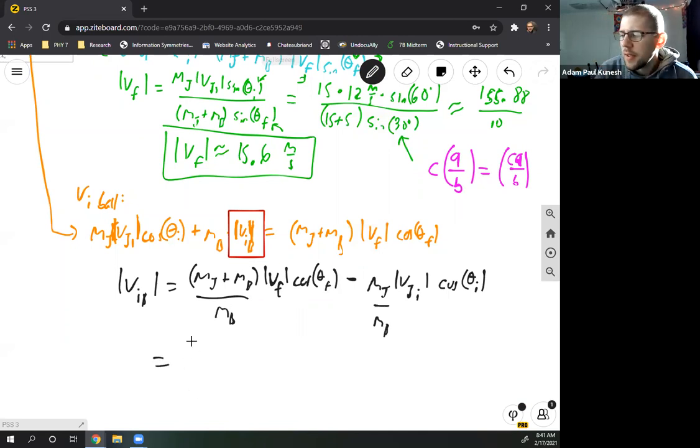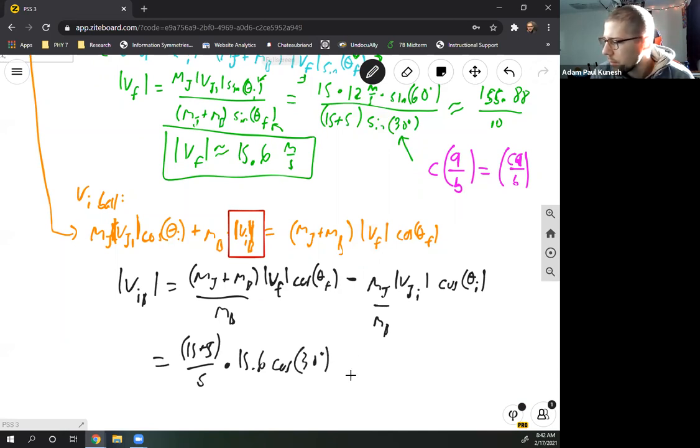So MJ plus MB, that's 15 plus 5 kilograms. The ball's mass is 5. The final velocity we calculated before is 15.6 meters per second, and the final angle is 30 degrees. So this is cosine of 30 degrees, minus MJ over MB, that's 15 over 5.